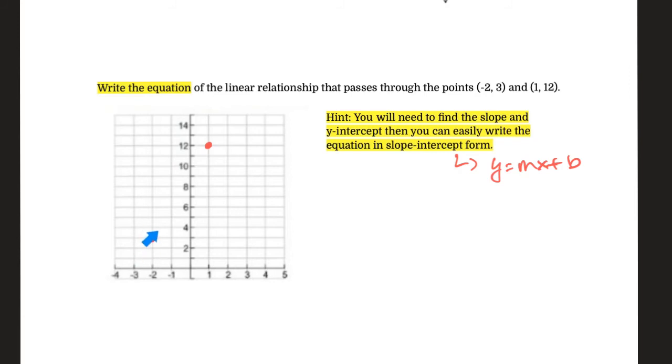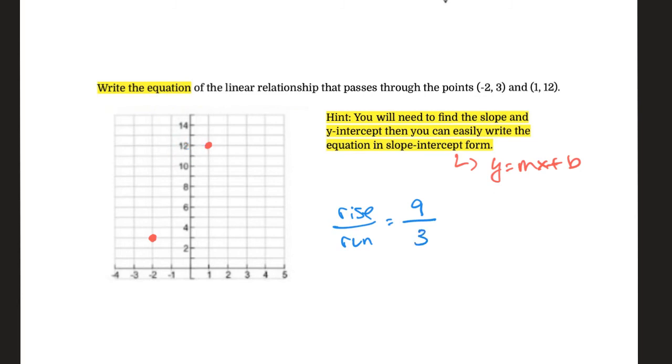I'm going to start down here, and I'm going to rise 1, 2, 3, 4, 5, 6, 7, 8, 9. I'm going to rise 9. We've got rise over run, and I rose 9. And then I'm up here, and I'm going to run 1, 2, 3.